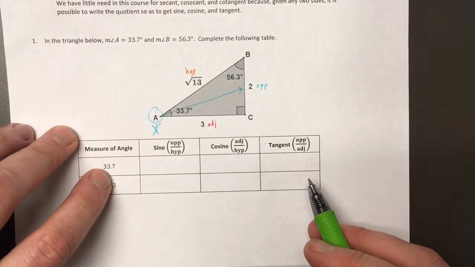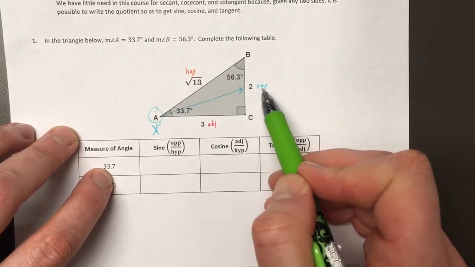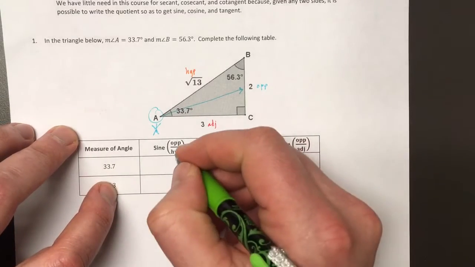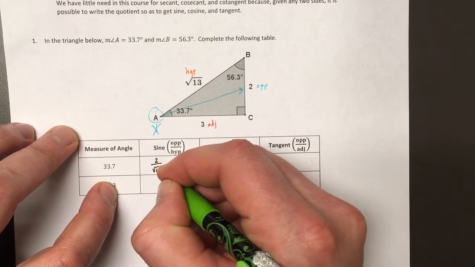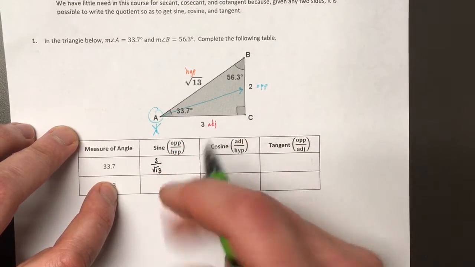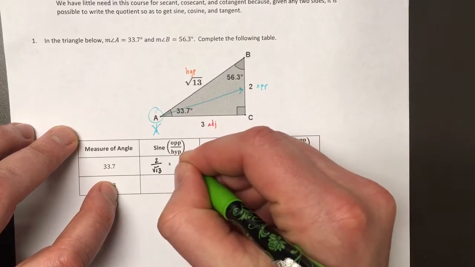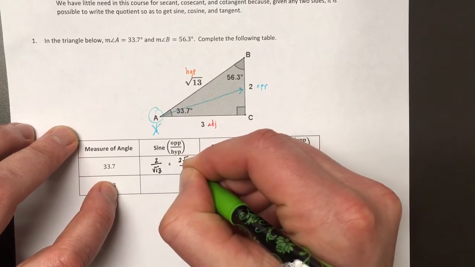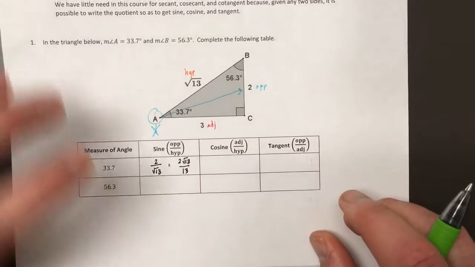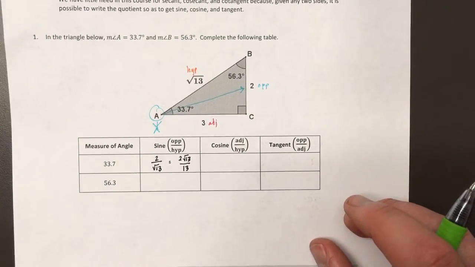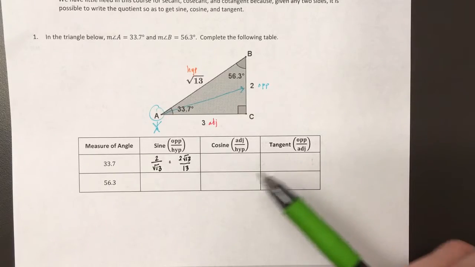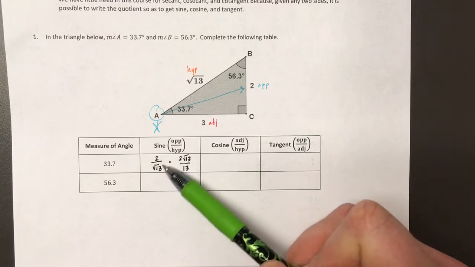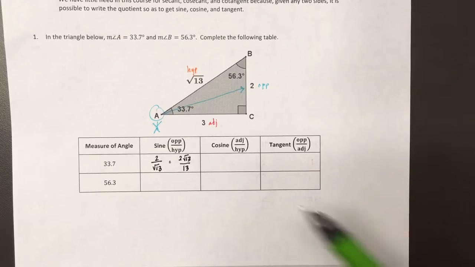So for angle A, I've gone across from it, I have my opposite. So opposite would be 2, the hypotenuse is square root of 13. There is a rule that we should rationalize this, so 2 square root of 13 over 13. That becomes a little monotonous as we get further into trig and we're using more and more square roots, so there are times when people will just leave it not rationalized.